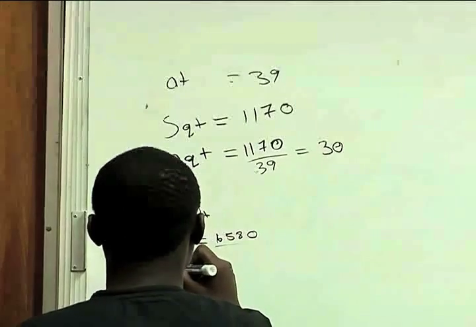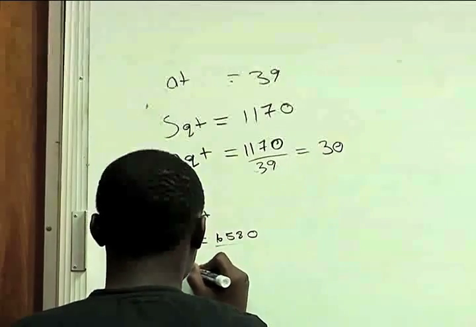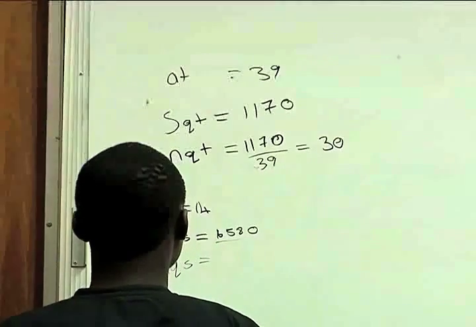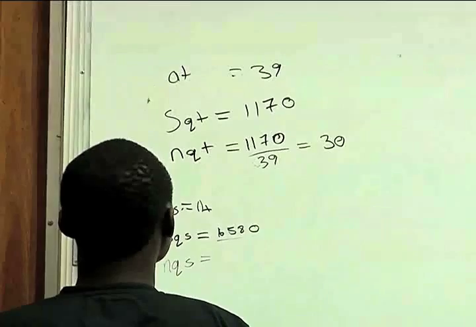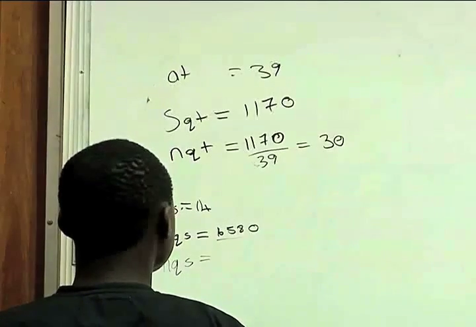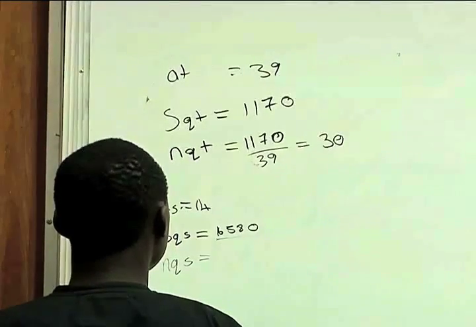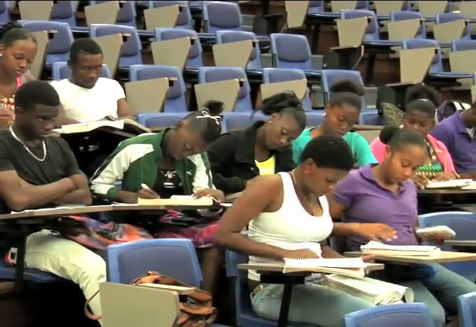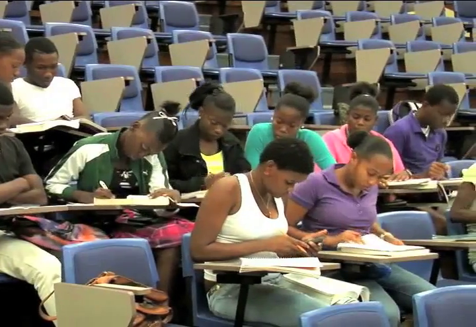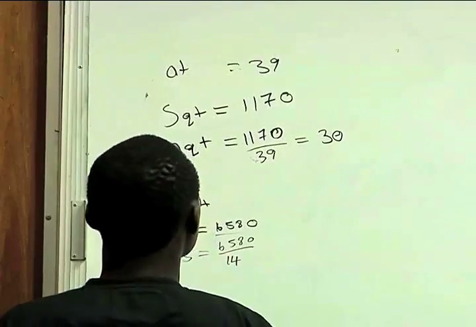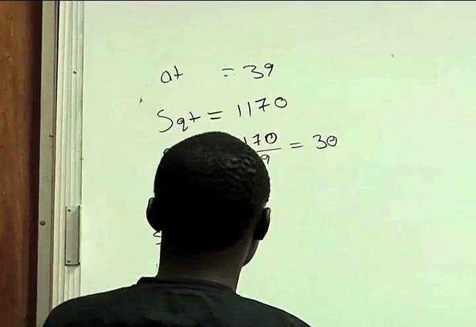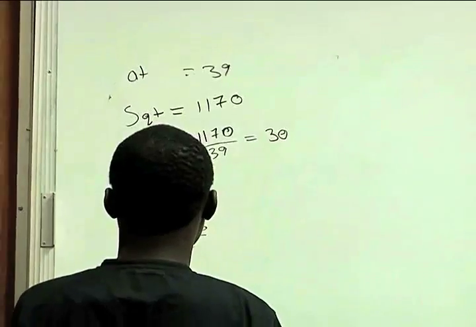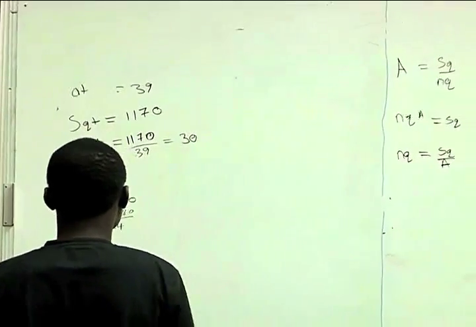NQ student equal, no man, equal to 6580 over 14. You see that? Just like how that equals SQ over A. Equal what? 470.